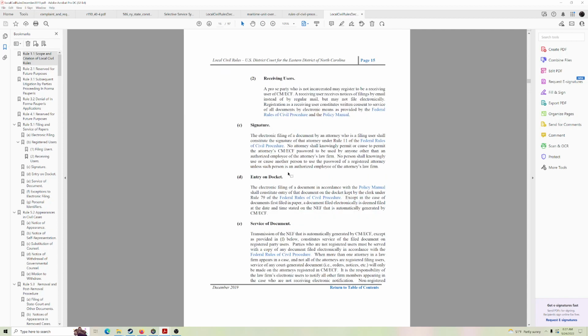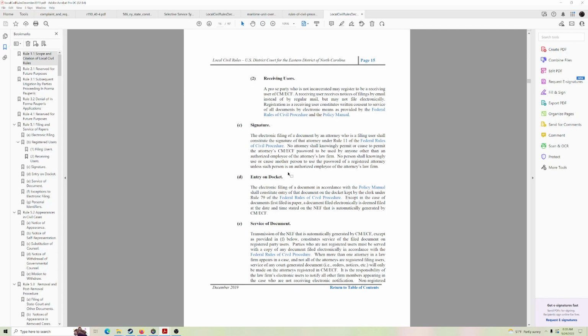Receiving users. A pro se party who is not incarcerated may register to be a receiving user of CM/ECF. A receiving user receives notice of filing by email instead of by regular mail, but may not file electronically. Registration as a receiving user constitutes written consent to service of all documents by electronic means as provided by the Federal Rules of Civil Procedure and the Policy Manual.